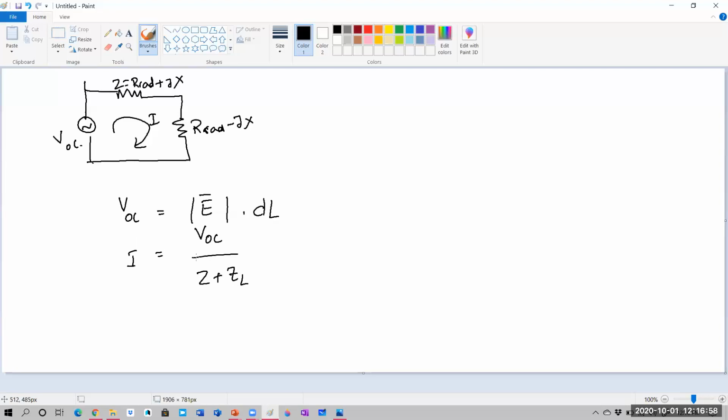Substituting these values, we get I equal to V_OC by 2 times the radiation resistance. The plus jX and minus jX cancel, and R radiation plus R radiation gives 2 R radiation.